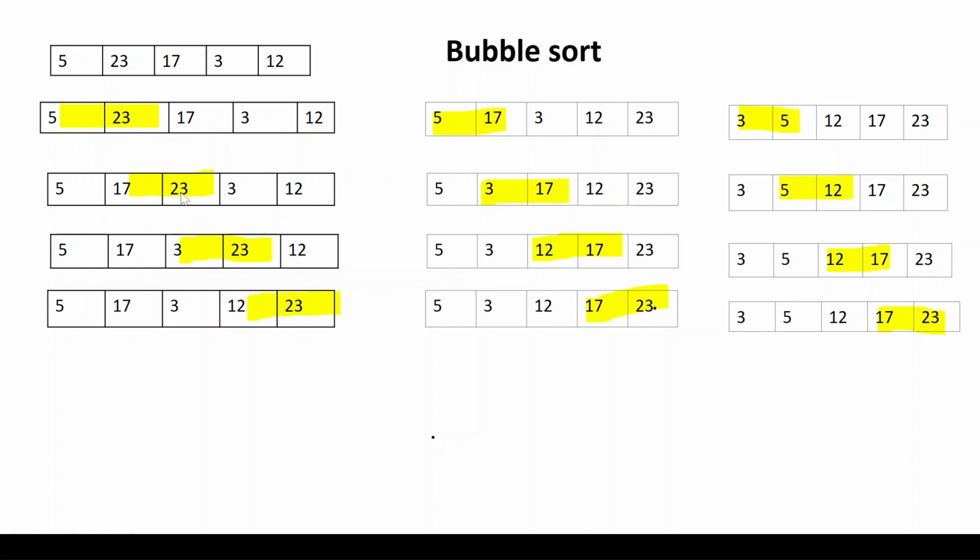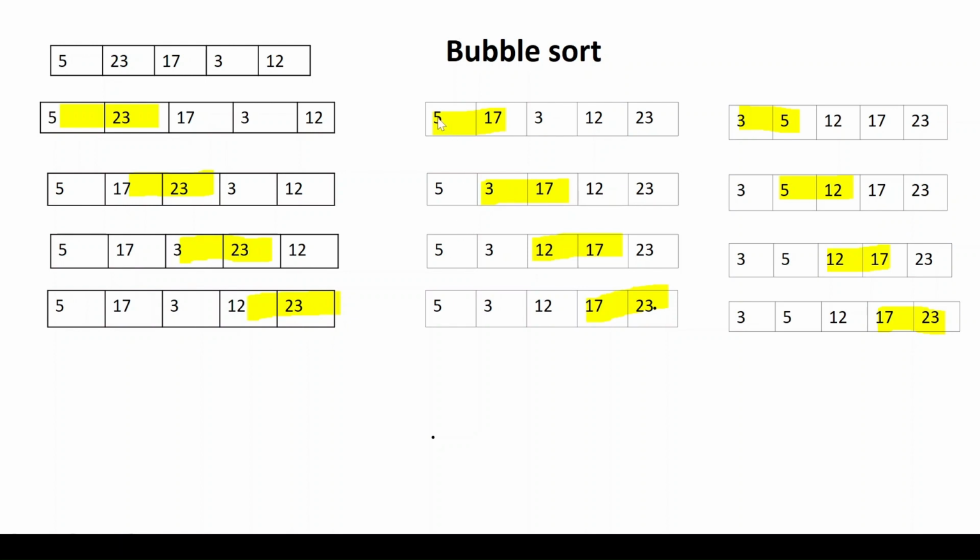Then comparison between 23 and 3 will be done, and they will be swapped. And then comparison between 23 and 12 will be done, and they will be swapped. So we can see that by the end of the first pass, our largest element has shifted to the extreme right.